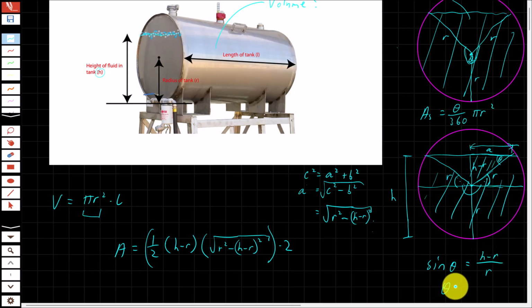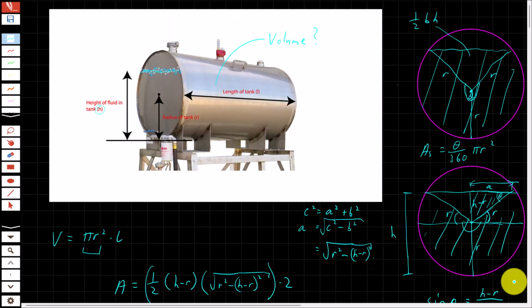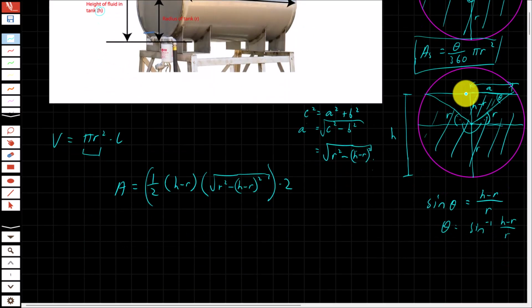So theta equals that. And remember, we're trying to get the formula here for the area of that sector. So we have theta there and theta there. We also have theta there, which is equivalent. And this one here is 180 degrees.